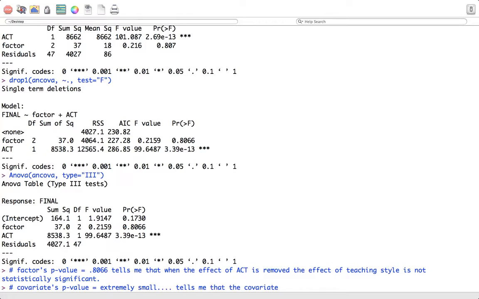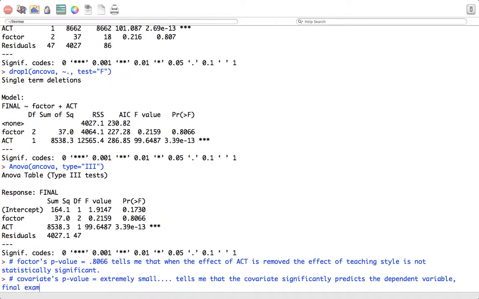Tells me that the covariate significantly predicts the dependent variable. Therefore, a student's final exam score is, yeah, let's say it this way, predicted by their ACT. All right, so that's pretty good.